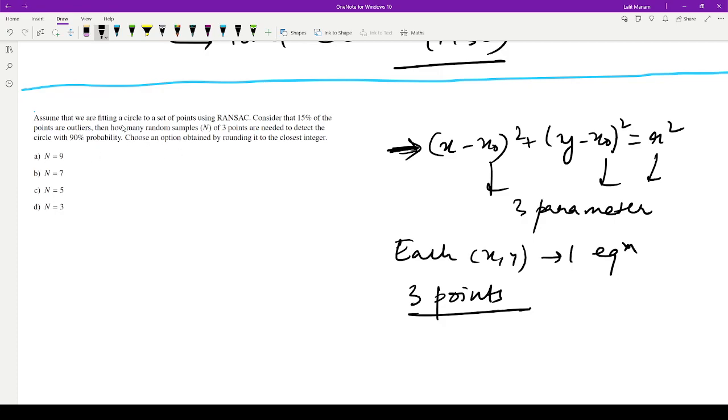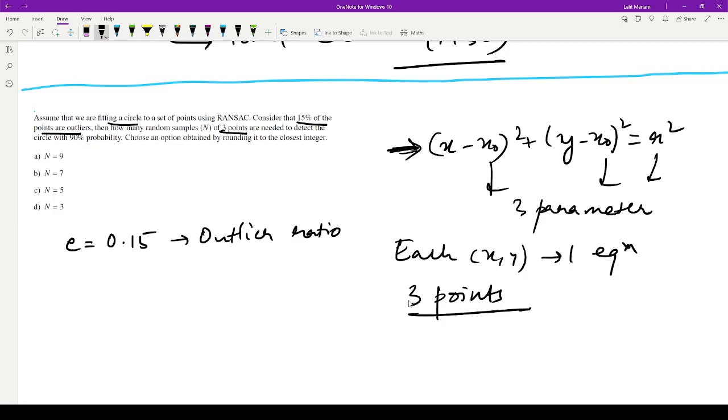So here we are fitting a circle, and we are assuming that 15% of points are outliers. So our outlier ratio, if I go by the notation of the class, is E equals 0.15. The next thing is how many random samples of 3 points.